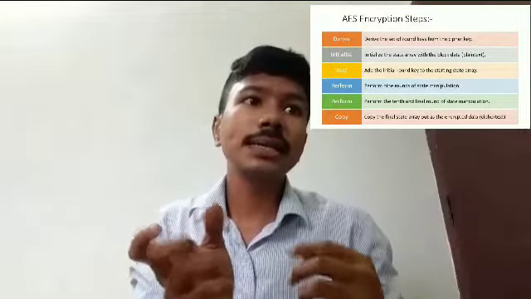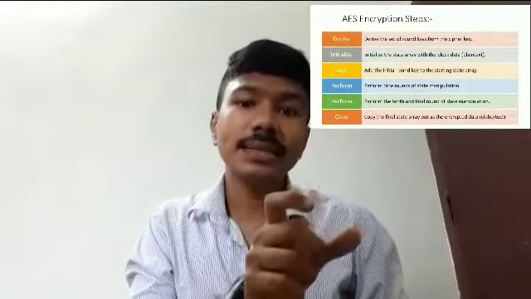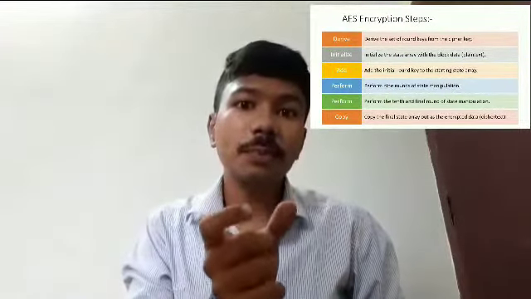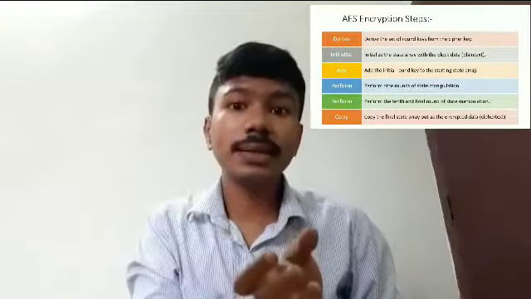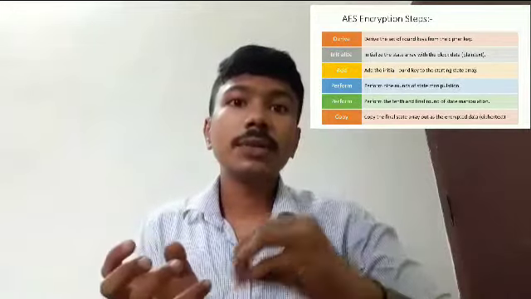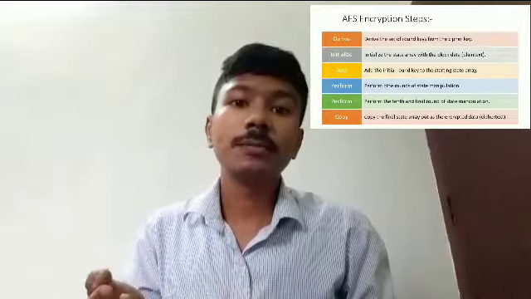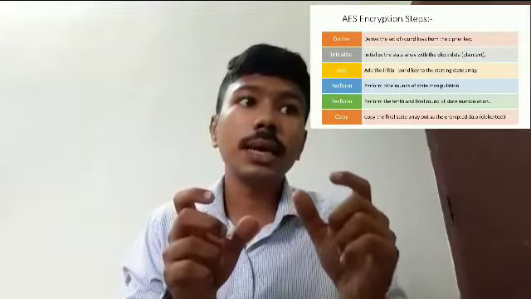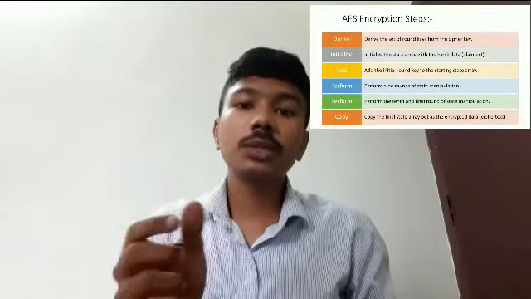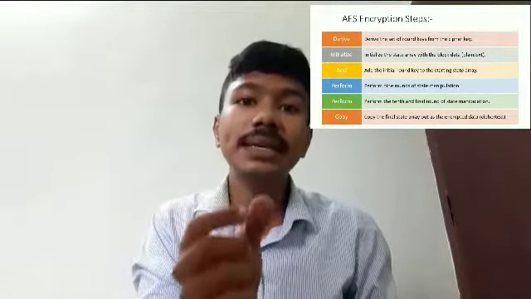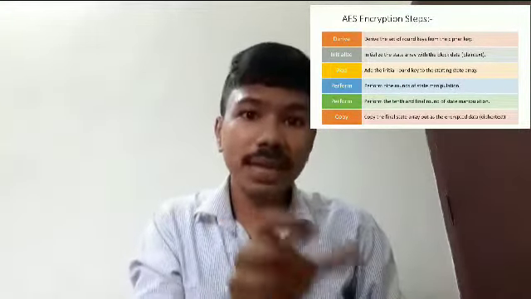Second, initialize the state array with the block data, plain text for encryption and ciphertext for decryption. Ciphertext is data converted by encryption, and plain text is data converted by decryption. Cipher transformation is applied to get ciphertext from plain text. So initialize the state array with the block data, the plain text.